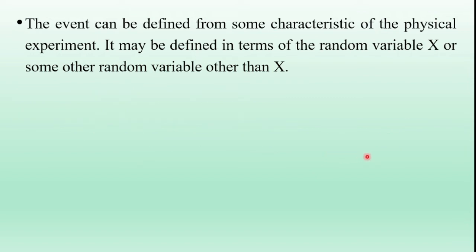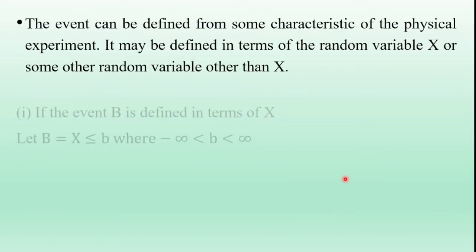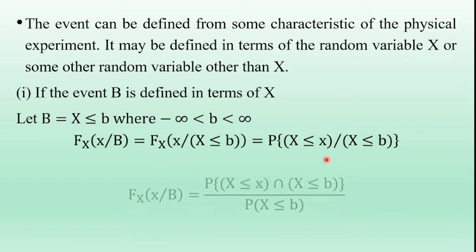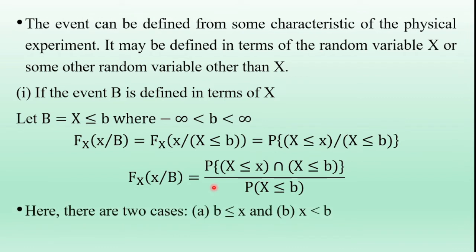Using the conditional probability definition, the right-hand side of this equation is written as probability of X less than or equal to x intersection X less than or equal to b divided by probability of X less than or equal to b. This expression can be explained in two cases: small b less than or equal to x and small b greater than x.